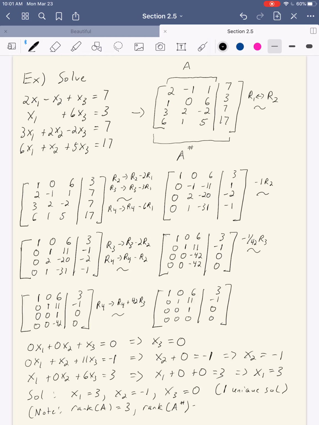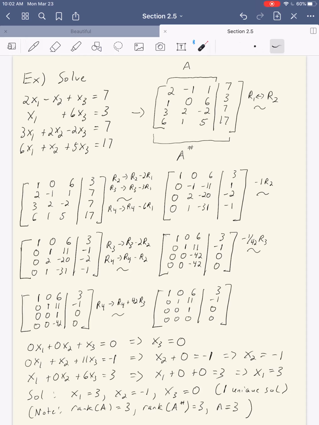So the rank of A augmented was 3. And one last thing to notice is that the number of variables, if we go back to the original equation, was 1, 2, and 3. So if you think about calling that m by n, that would mean that n was 3 here.